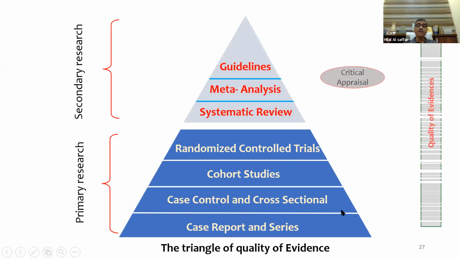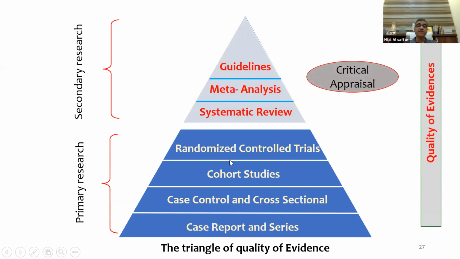And you can see here, according to study design, the level of evidence is different. دوما randomized controlled trials has a level of evidence higher than cohort, واللي هو بدوره higher than case control and so on.